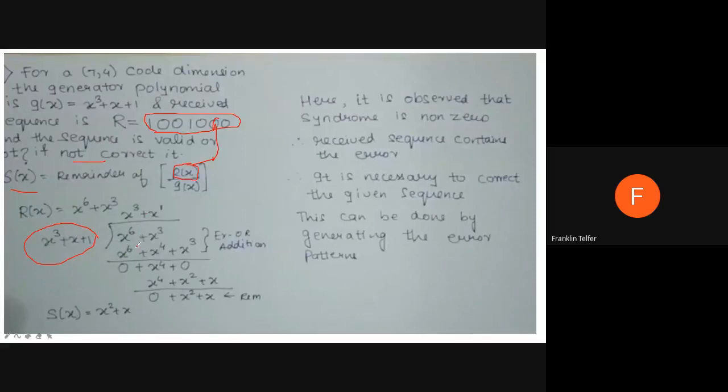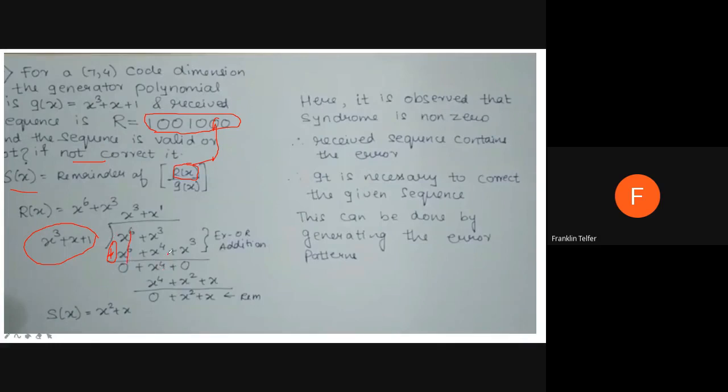Now divide it. You should make sure the first term is 0, so you do a multiplication with respect to that, and then do the modulo-2 addition. So this will be cancelled out, and the similar 1 here is also cancelled out.